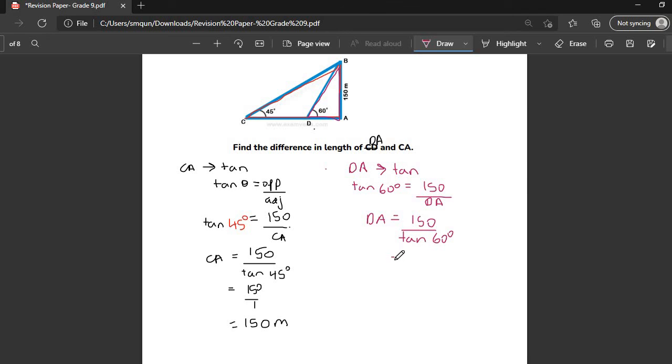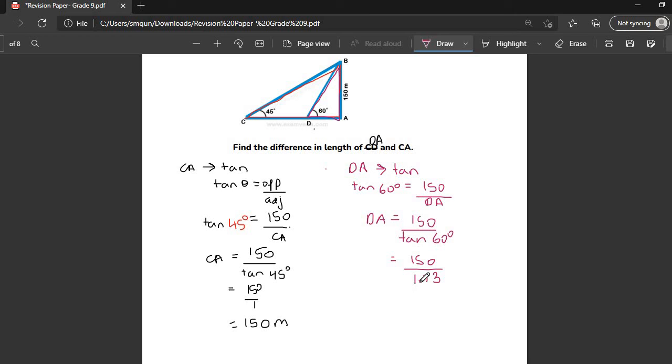So I'm going to find tan 60, and that is going to give us 1.73 to 2 decimal places. Like I said in the previous video, don't write out all of the digits behind the decimal point.